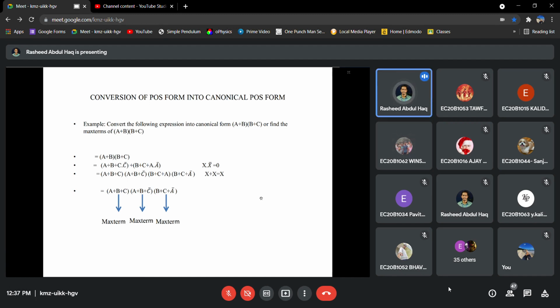C is multiplied with both terms, that is A plus B plus C and A plus B plus C bar. And the next one also, we have multiplied that A dot A bar with the B plus C.